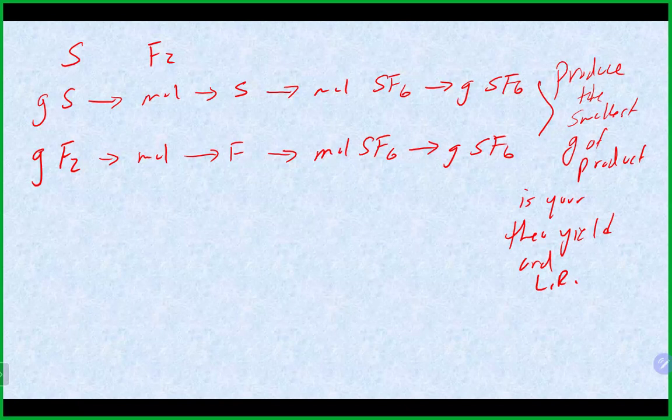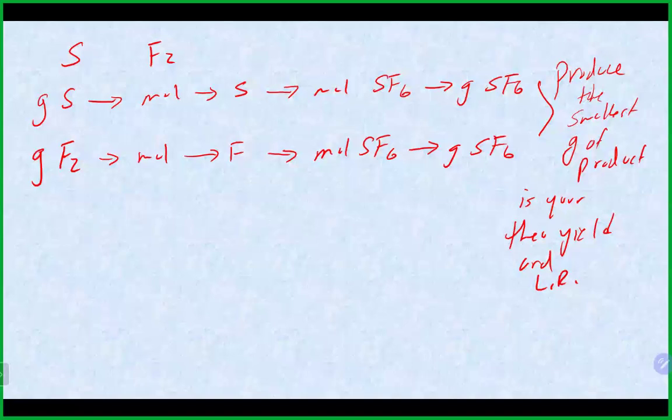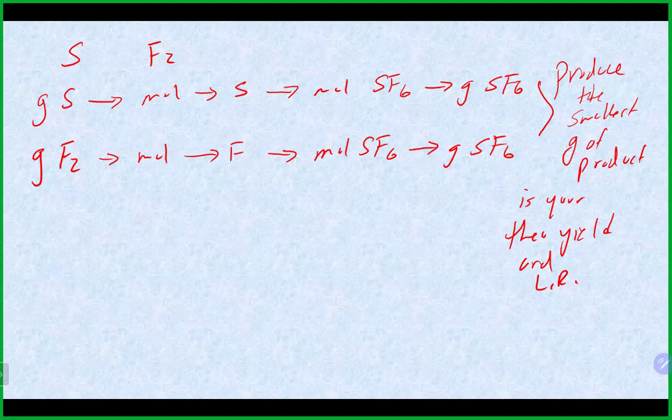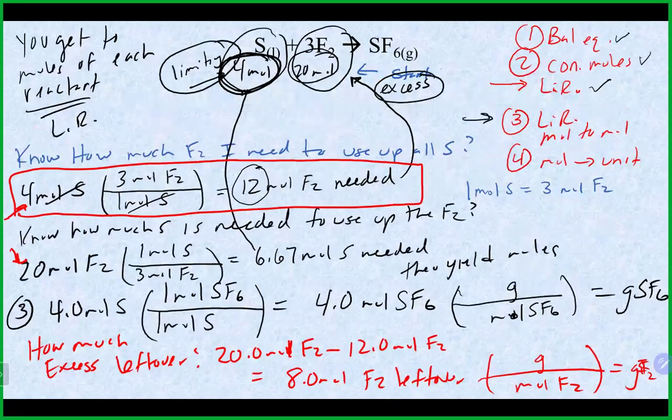Now, nothing wrong with doing it that way. Again, if you were asked a question like how much of the excess reagent is left over, you would then have to go back and do a separate calculation to figure that out. So it's really your preference, whichever way you want to do it. I don't really care. I would say probably these days, this is very commonly how people are taught. It's just to do 2 separate calculations. But the benefit of sometimes doing it the way we were just doing it is it can help you with those type of questions of how much excess reagent is left over and stuff like that.